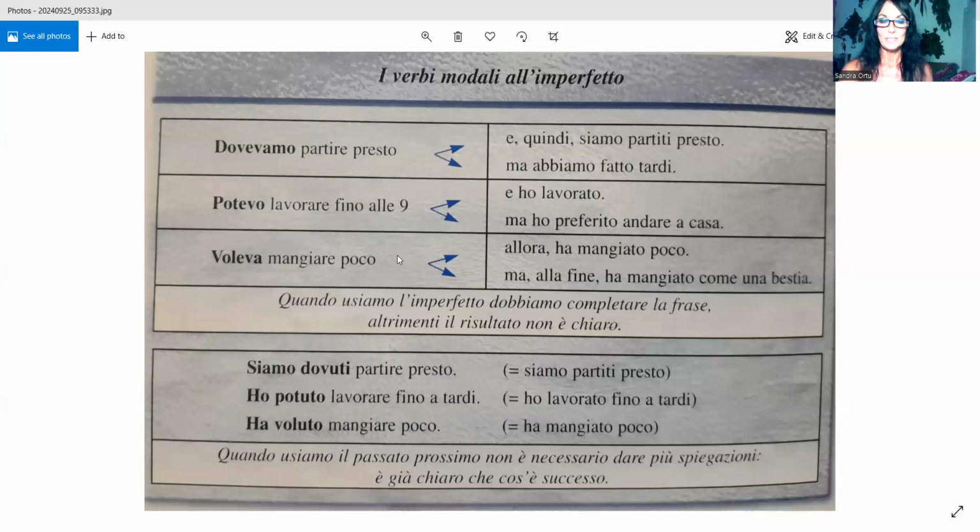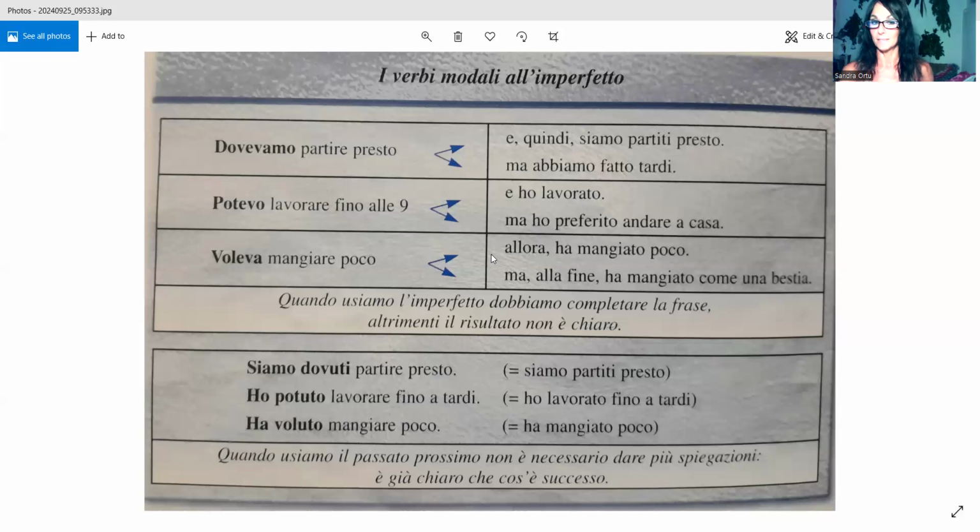Same principle here. If you put a full stop here, after "poco," he wanted to eat a little. It doesn't mean he did. It means that was his intention. But then we need to finish the sentence in order to know what he did in the end.